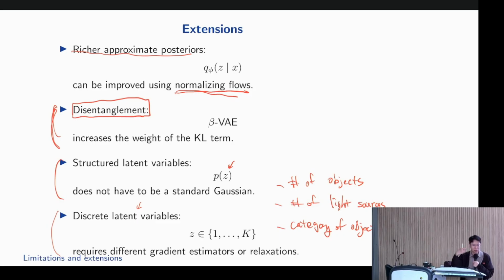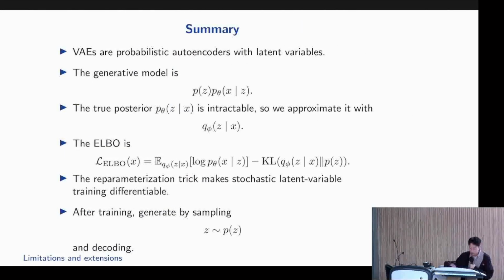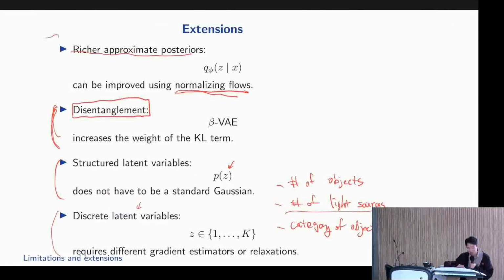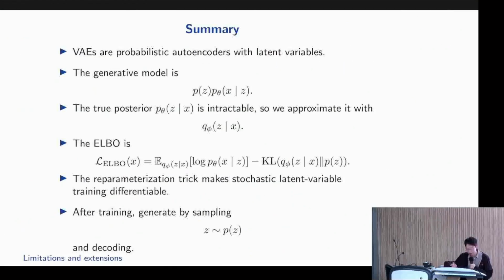You cannot generate something that has a face of a cat, body of a person, and leg of a lion or something like this. It's discrete in order to make it realistic. And same thing for number of objects. You cannot have like 1.7 persons or something like that. You either have one person or two persons in the image. Same thing for number of light sources. So previous years we covered pretty much everything on the slide, but I don't know how much time we'll have for this year.